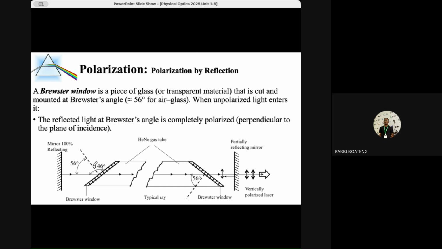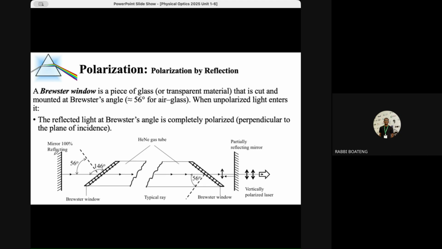So in a laser medium or laser component mechanism, we have two mirrors facing each other. One is very, very reflective, like 100%. It's not like the normal mirror you use in the house. In the lab, the mirrors we use will not give you 100%.